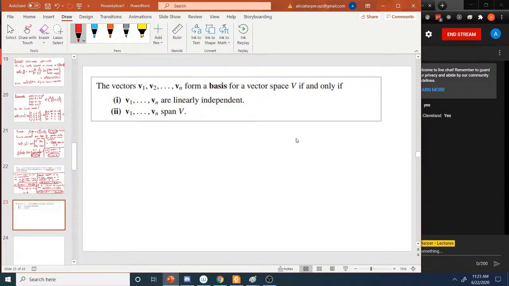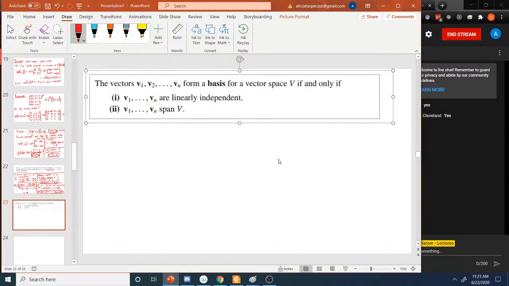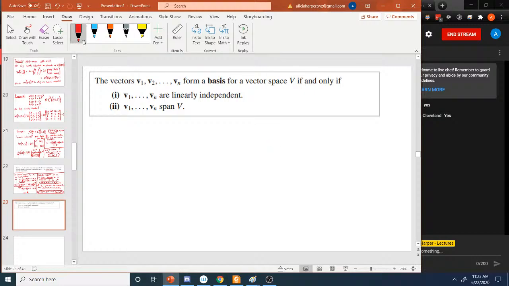So let me start by giving you an example. Let's look at the vectors e1, e2, and e3 that I defined earlier. Well, last class, I proved that the span of these three vectors is precisely all of R3.